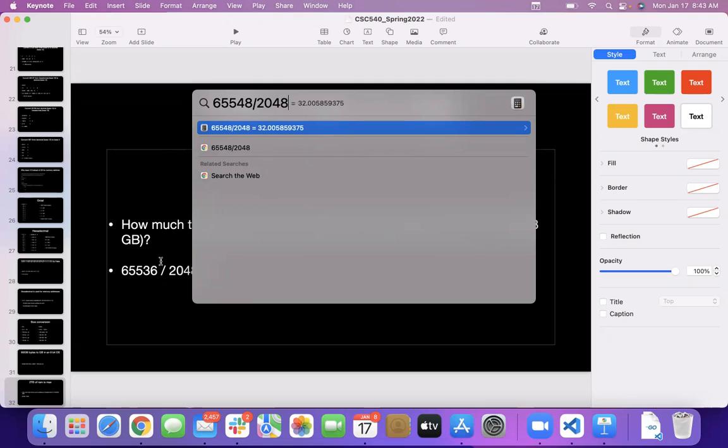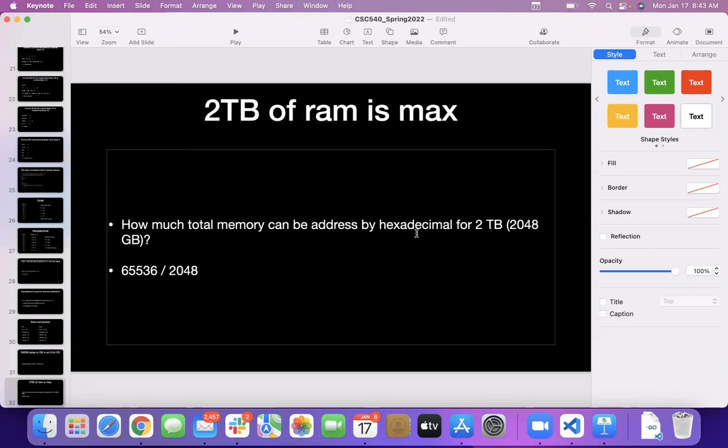That means that 32 gigabytes of memory can potentially live at every one of those addresses. Think of them like big mansions. That's if we're using the base 16 numbering system.